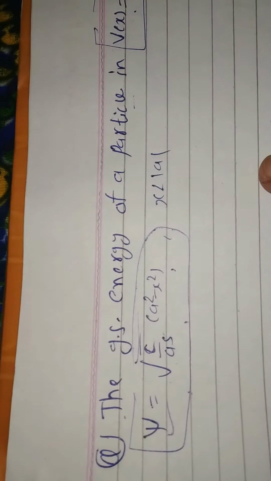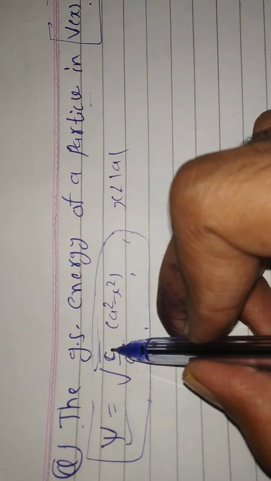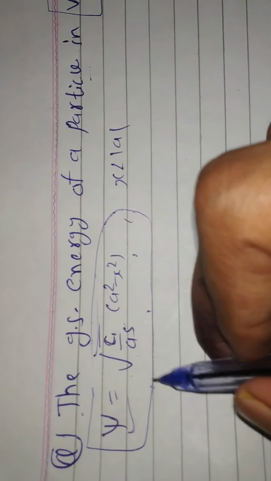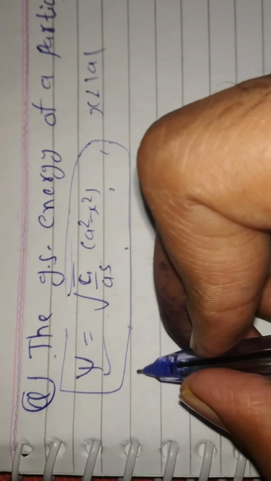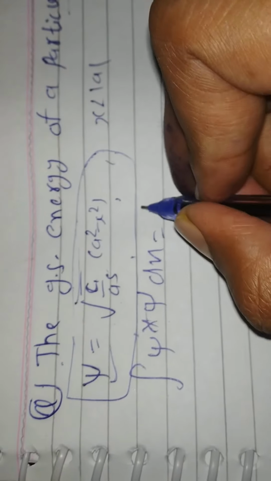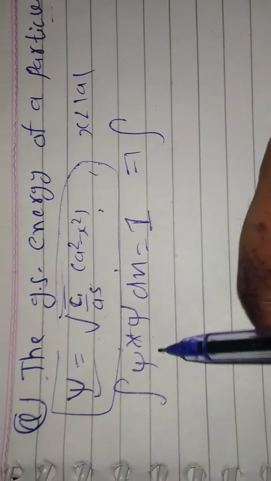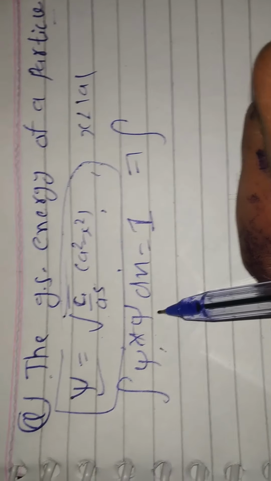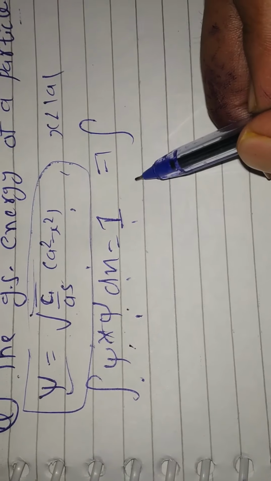Now, first there is C, a constant called the normalization constant. So we need to normalize the function first to solve it. For normalization of the function we know the formula: the integral of psi star psi dx equals 1. That means you have to integrate the complex conjugate with the psi function and set it equal to 1.